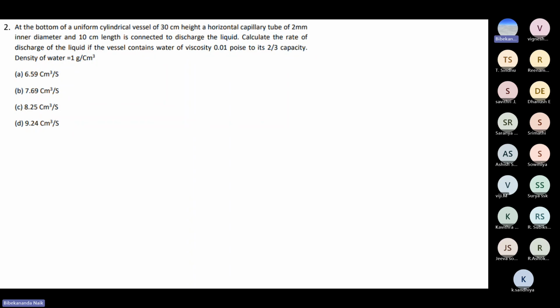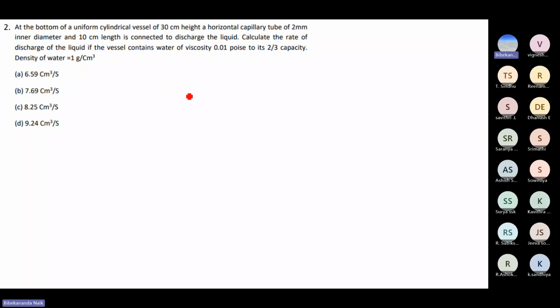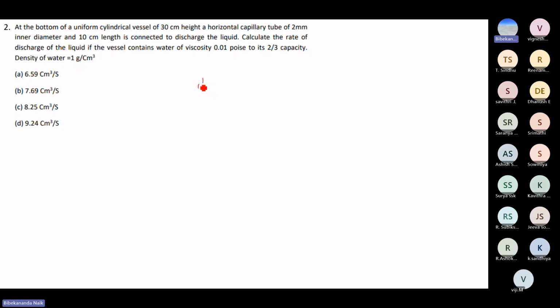So let's solve it. If you remember, in the last class we derived that the formula for the rate of discharge of the liquid, dV by dt, is equal to pi delta P divided by 8 eta L into R to the power 4.